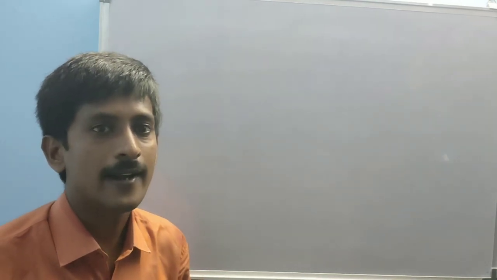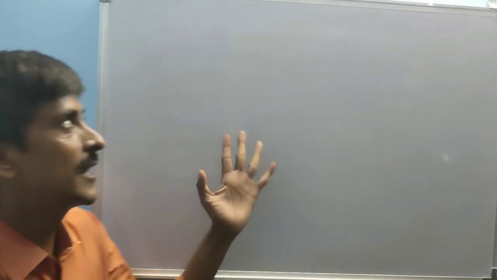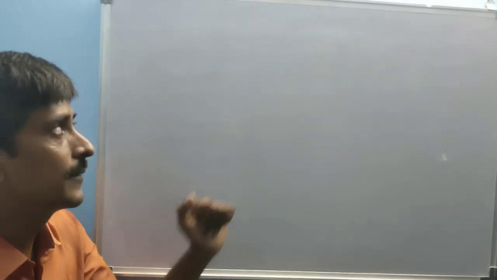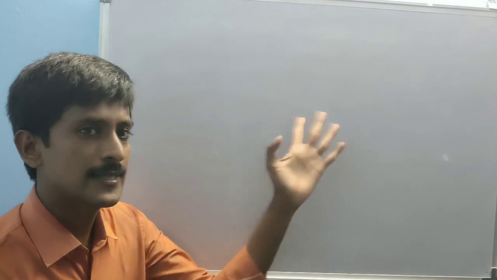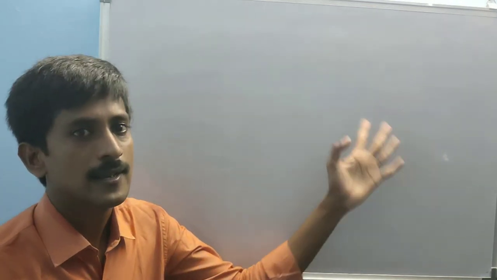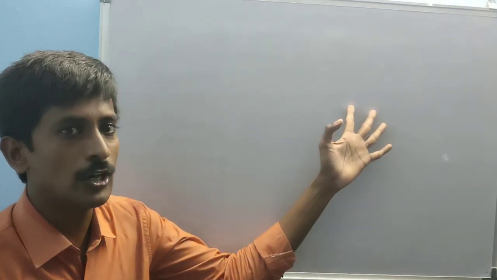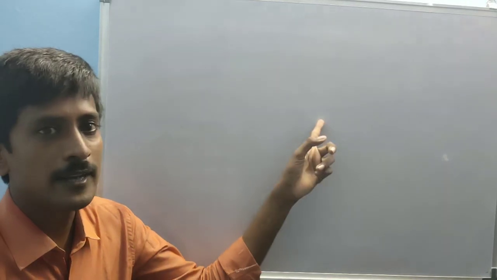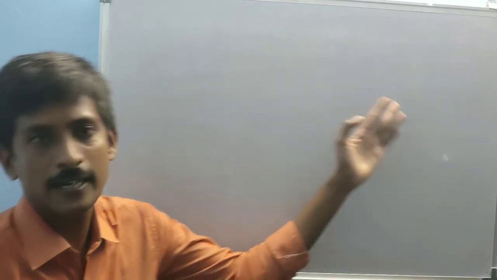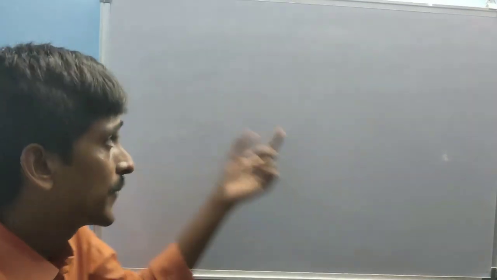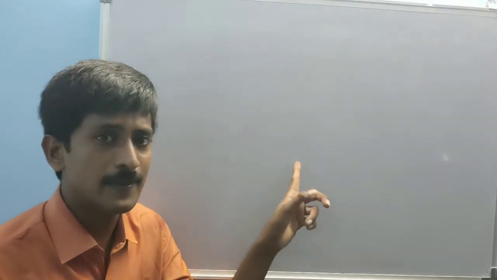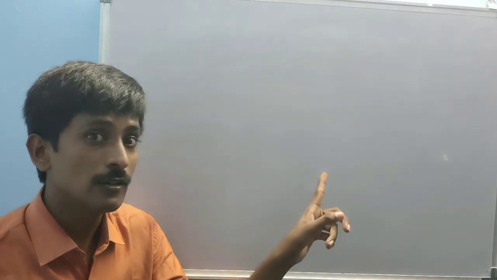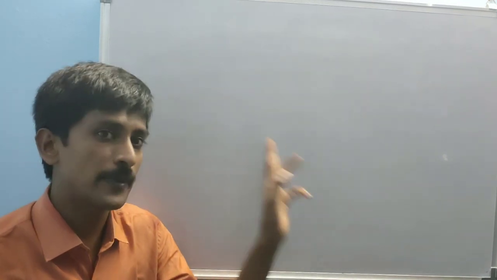Yesterday we already completed decimal numbers and their types. That is, terminating decimals and non-terminating decimals. Non-terminating decimals are also of two types: non-terminating recurring decimals and non-terminating non-recurring decimals. Every terminating decimal and non-terminating recurring decimal can be converted into a rational number, that is, p by q form.